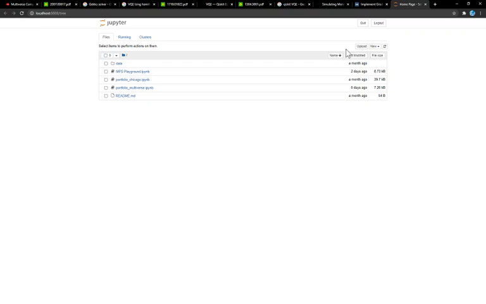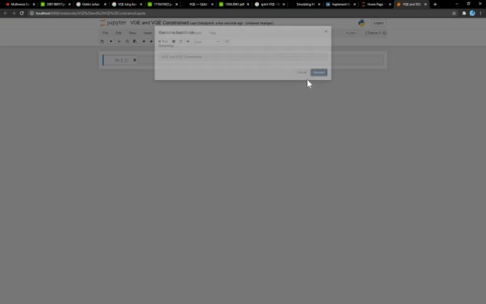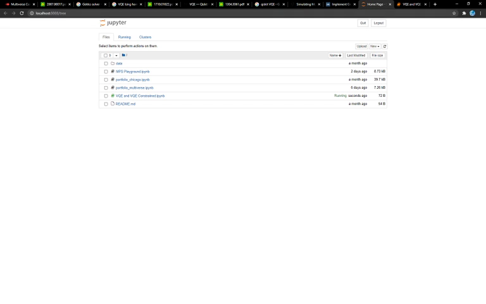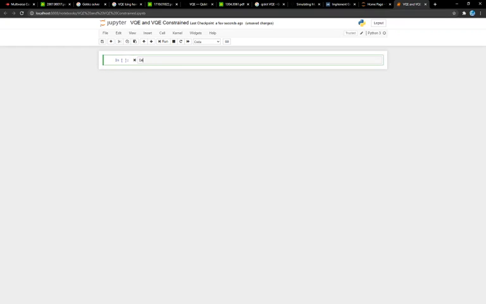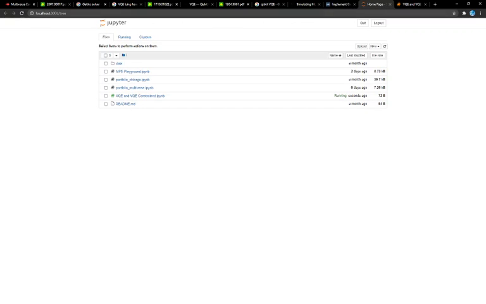Okay, so I'm going to make a new notebook, and we'll call it VQE constraint. Import NumPy as np. So let's implement, how do we implement gradient descent from scratch?